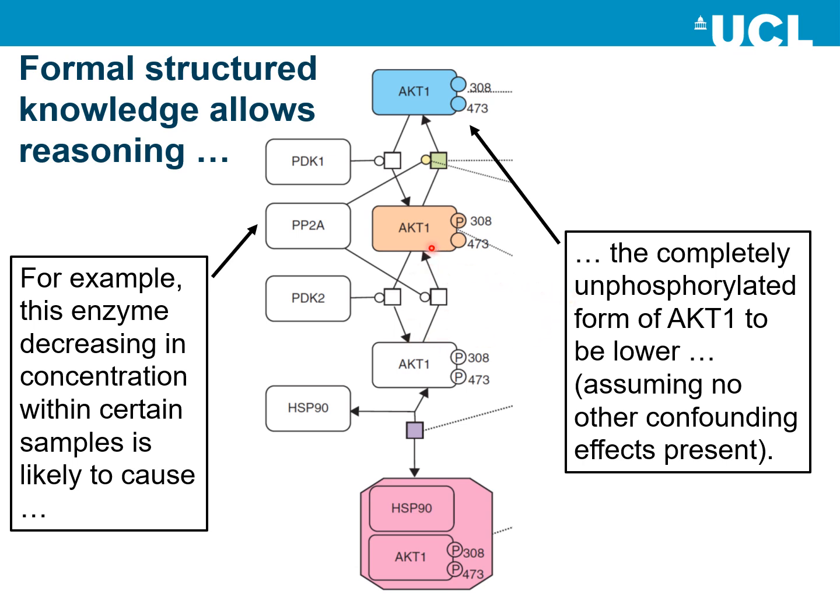It will also stop this pathway direction, so the complete unphosphorylated form of AKT1 would become lower, assuming that there are not other interactions within this pathway. You could treat it as a single entity.